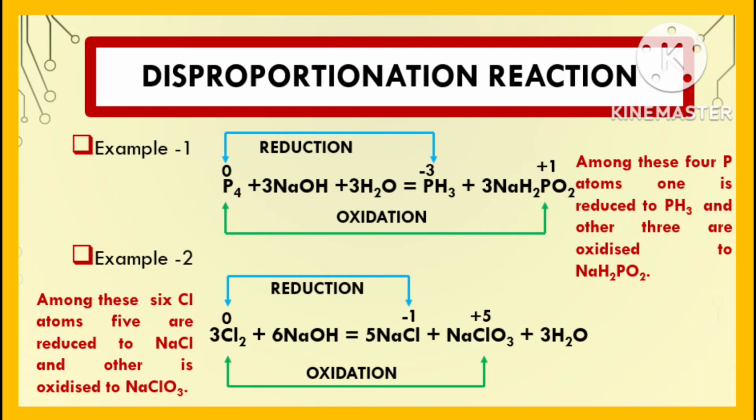Very less active metals which may occur in the native state, such as silver, also remove hydrogen, but very, very slowly. Silver is Ag and gold is Au.